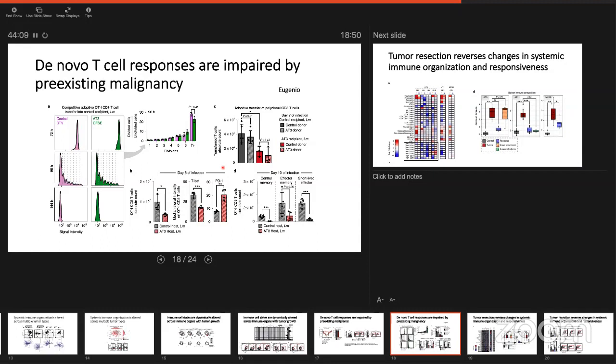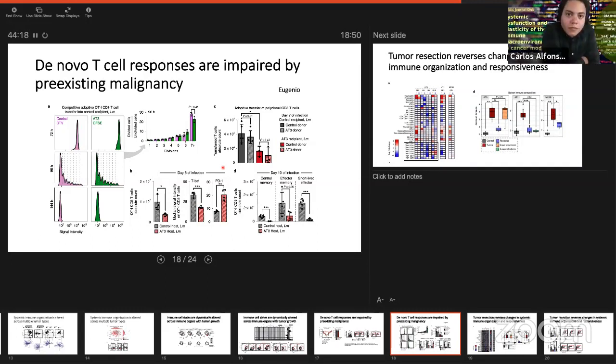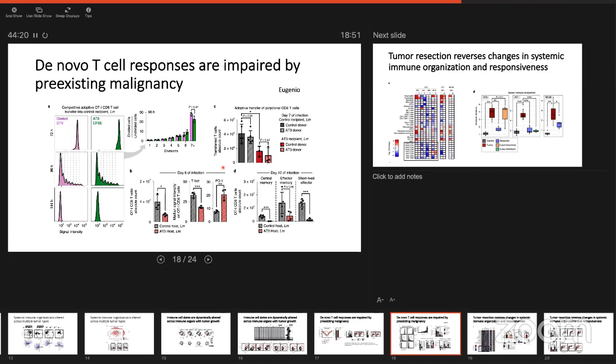When we look at markers such as CD80, CD86, and CD83, we see that after infection with Listeria, the animals with the tumor burden have less expression of these markers.